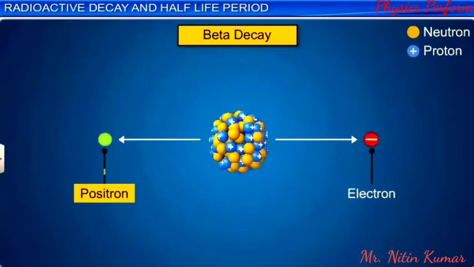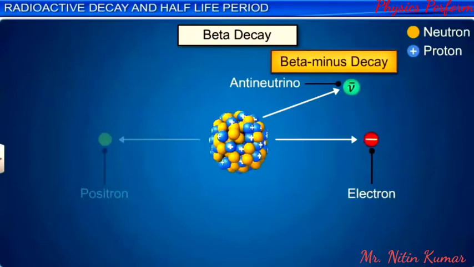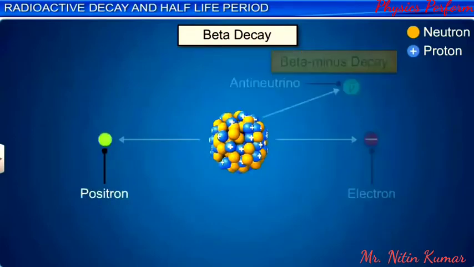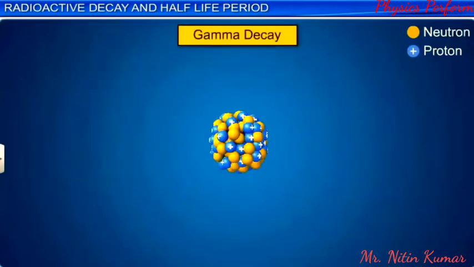If an unstable nucleus releases an electron along with an antineutrino, it undergoes a beta minus decay. If it releases a positron along with a neutrino, it undergoes a beta plus decay. In gamma decay, the radioactive nucleus emits high-energy photon.